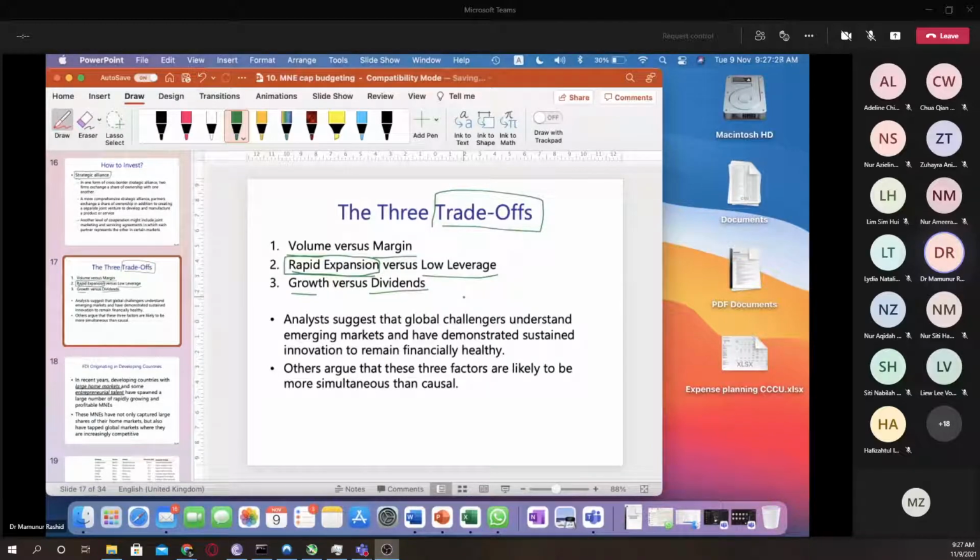Are you looking for a growth-oriented company where you do not offer any dividend to the shareholders, or a dividend-based company where you make profit and offer dividends to the shareholders? Depending on different types of location and different types of company, your strategies would be different. Your trade-offs must be based on the kind of country you are dealing with, the kind of product, and obviously your internal strategy.